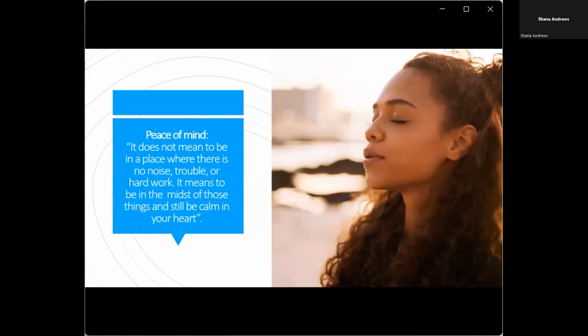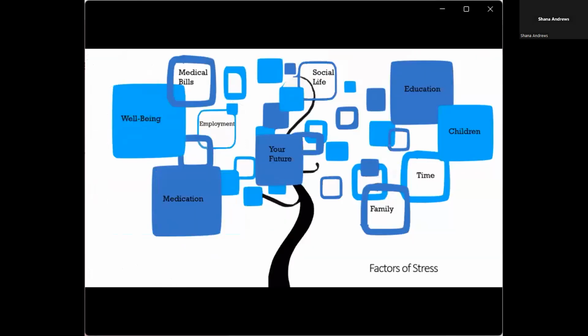So when I think of peace of mind, I think of this quote. It says, "It does not mean to be in a place where there is no noise, trouble, or hard work. It means to be in the midst of those things and still be calm in your heart." So what may cause stress or just not being able to get into a good peace of mind or feeling peaceful or feeling a calmness?